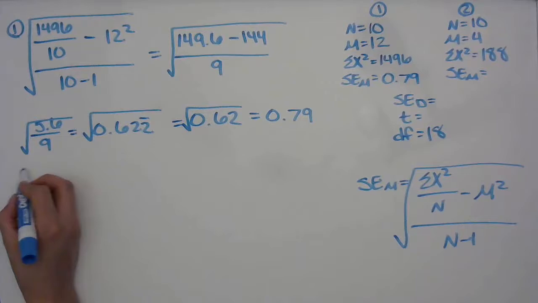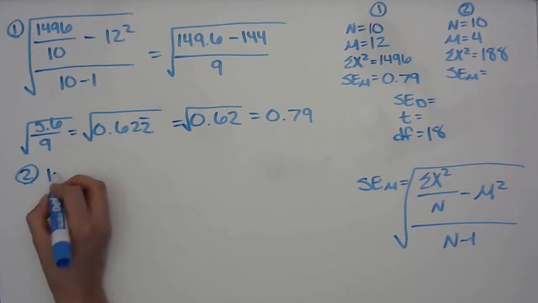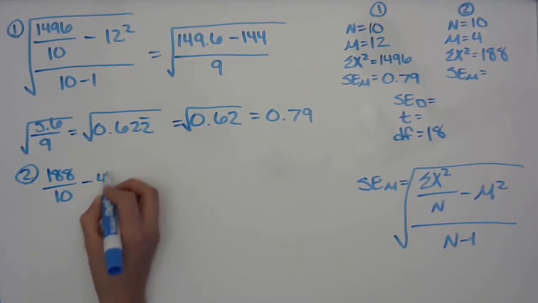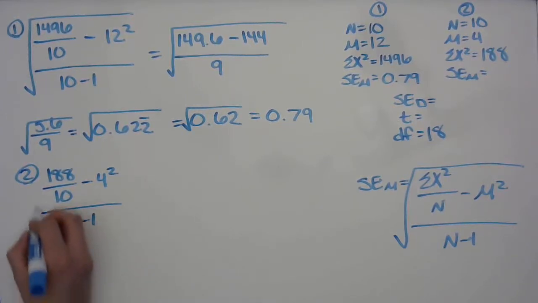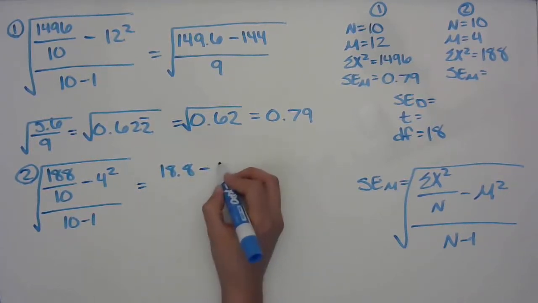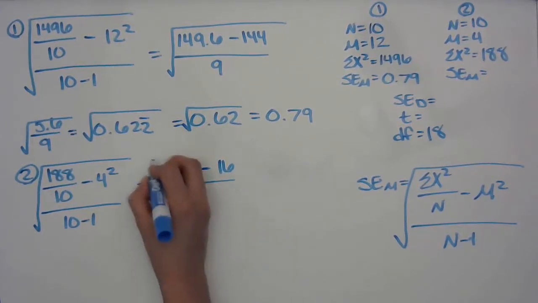Okay, so we're going to go ahead and do the same thing for Group 2. Okay, so we've got our sum of squares of 188 over N value of 10 minus our mean of 4 squared over n value of 10 minus 1. Okay, so 188 divided by 10 is 18.8 minus 4 squared is 16 over 10 minus 1 is 9.